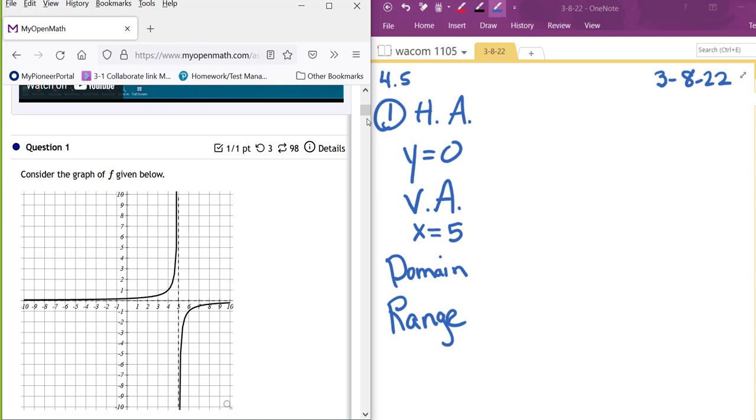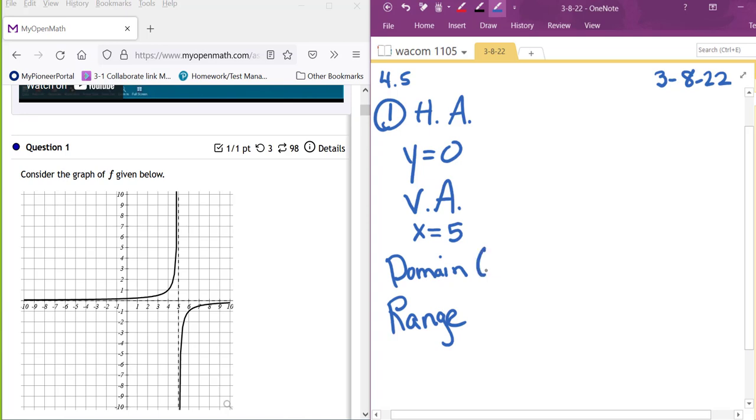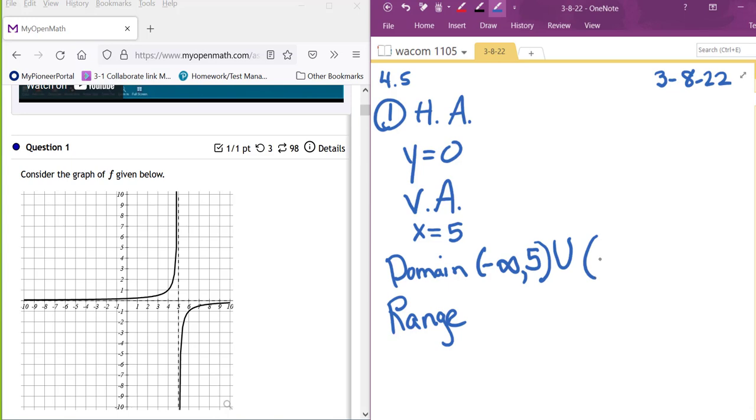So domain, you're coming from negative infinity, it's going to go up to 5, but it's not going to touch it. So you're going to do negative infinity to 5. Make sure you use parentheses, and then you'll start again at 5 with the other part of the picture, and it will go to infinity.